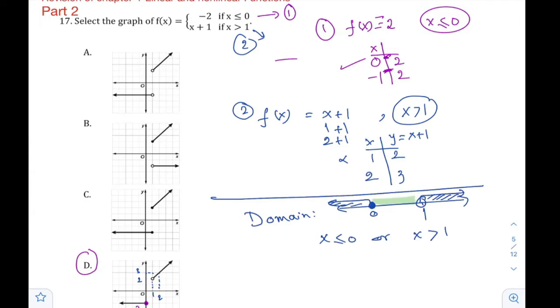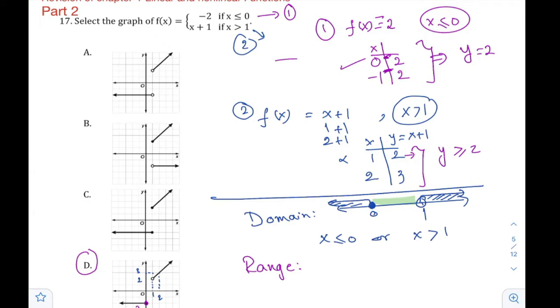Now the range. What is the range? Range is all values of y that have been used. In the first definition, we have only used y equals 2. In the second one, we have used y greater than or equal to 2. It starts with 2 and it's increasing.